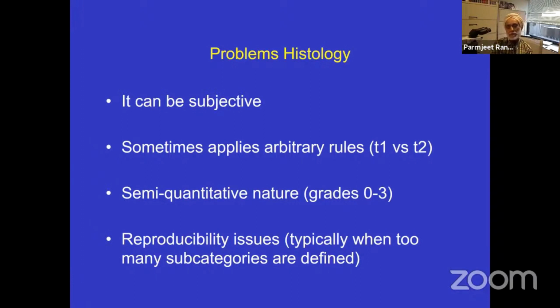It can be as high as 50. There are reproducibility issues, although I must say that happens when you have too many grades. Everybody can distinguish mild rejection from severe rejection, but the interface between borderline and mild can be problematic, but it's also less critical. If you take the clinical picture into account, it's not that big a deal.